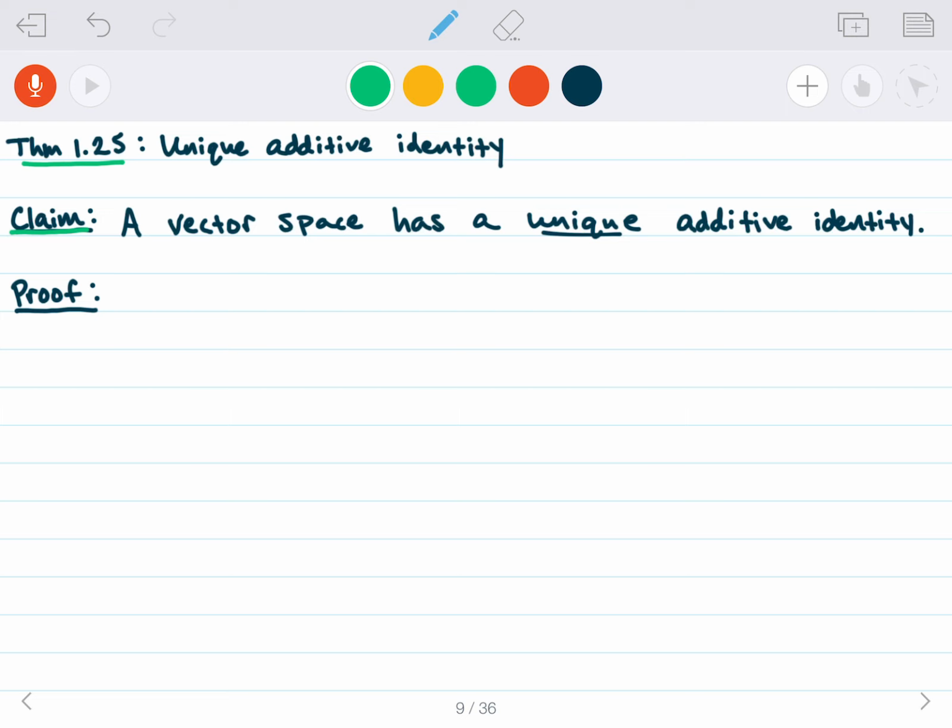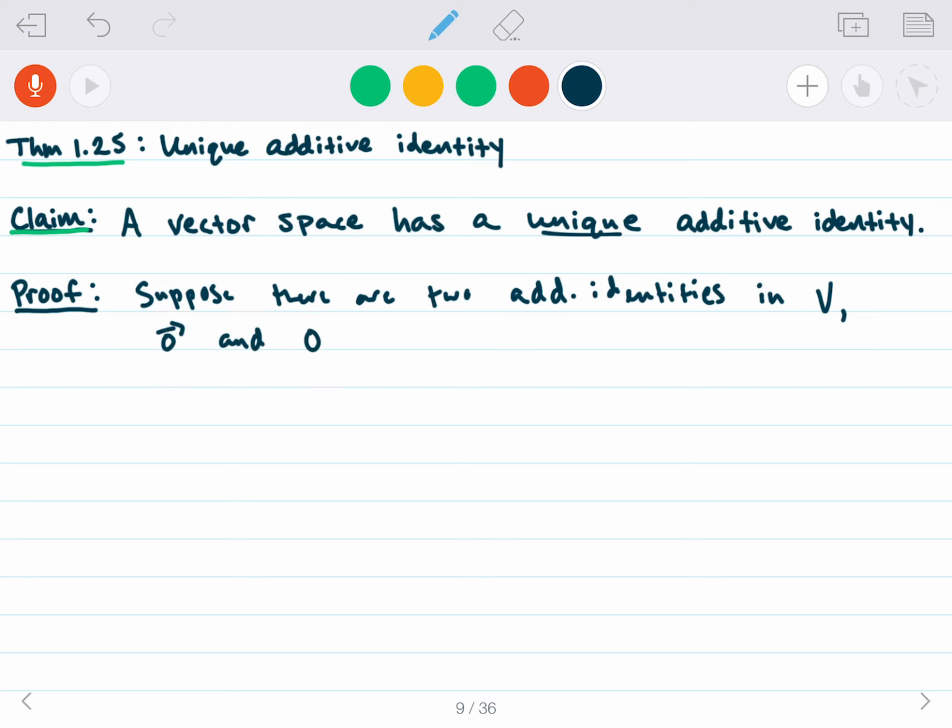And the way that we're going to start is we're going to suppose that there is another additive identity. So let's suppose there are two additive identities, 0 and 0 prime.